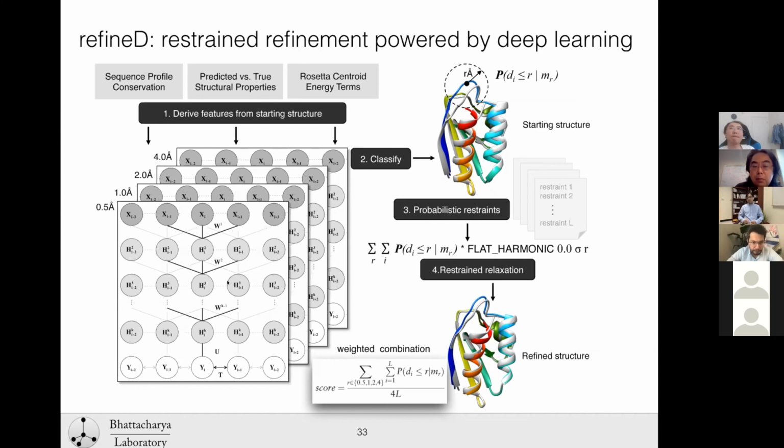So we replace deep CNF classifiers with the ResNet classifiers, because we see that is giving us better performance. We are writing a paper on that, where we compare this version of refind-D with the newer refind-D method. It turns out when we use the ResNet classifiers, the performance is a little bit better when we combine the restraints together.